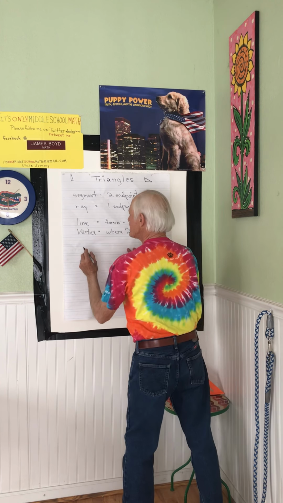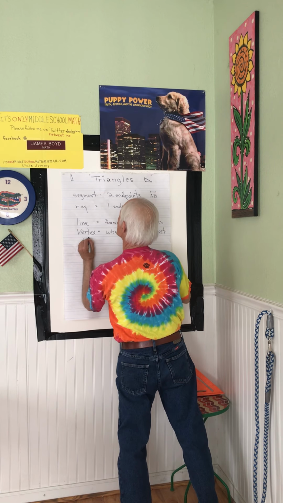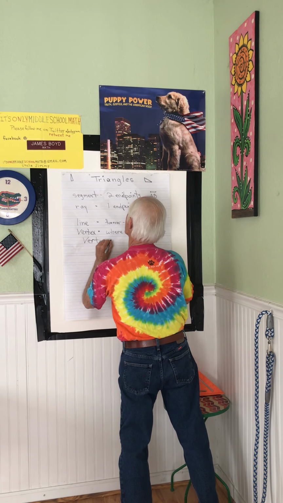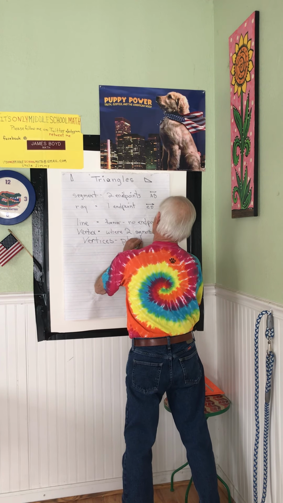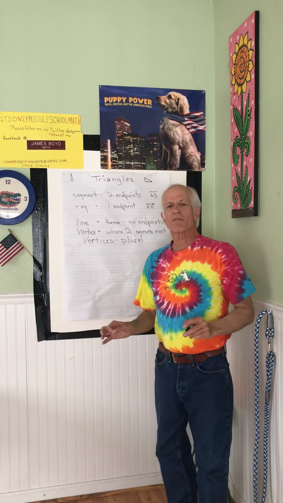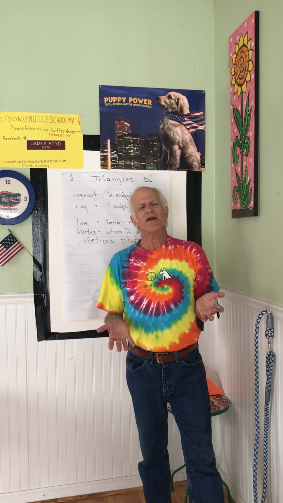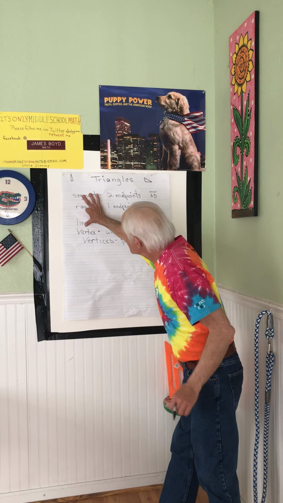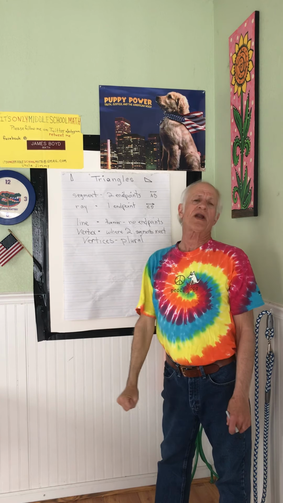Now the plural of this would be vertices. Fine. We break triangles up into different categories depending on these 2 things. What the sides look like, what the segments look like, and what the corners look like.